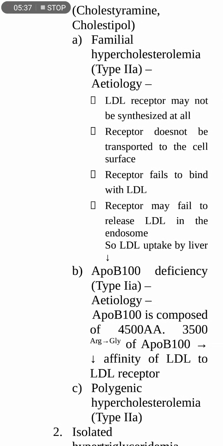Then the second type of isolated hypercholesterolemia is due to ApoB100 deficiency. How is it possible? ApoB100 is composed of 4,500 amino acids.